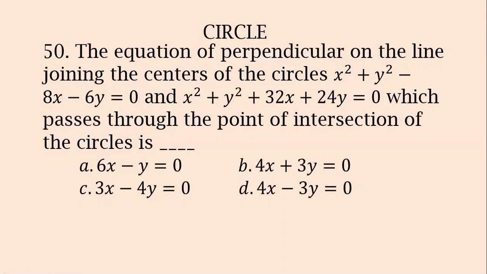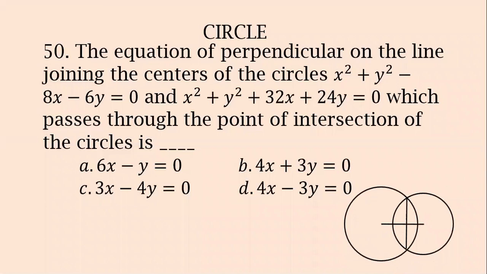If you see the figure, these are the circles and these are the centers. So we have to find out the perpendicular on this line, perpendicular on the connecting line of the centers. So this is the perpendicular.